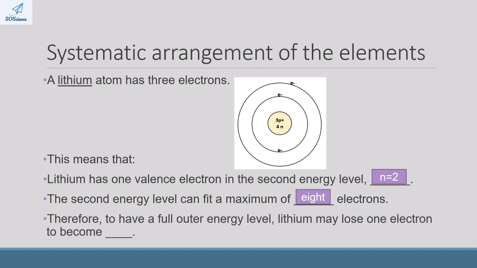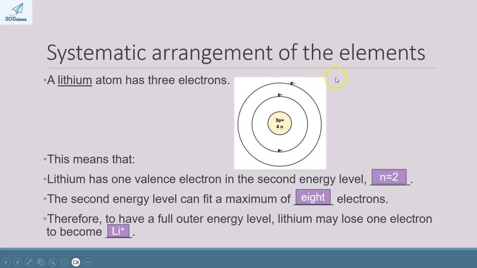So to have a full outer energy level, lithium is not going to gain 7 electrons. That is just too much work, too much energy. Lithium only has the potential to lose 1 electron. So when lithium makes an ion, when it becomes a charged atom, it becomes lithium plus, Li plus. That is the only ion that lithium can ever make because lithium only has the ability to lose that 1 electron.